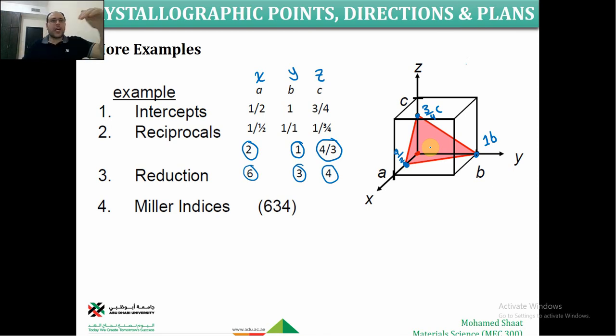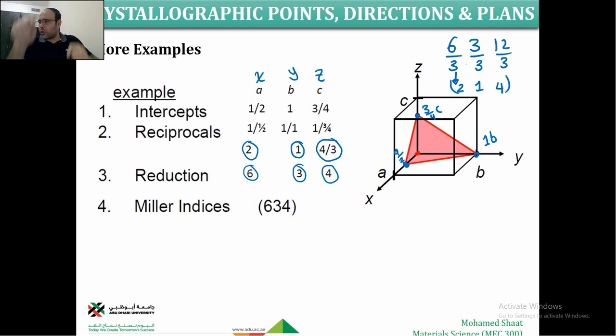But if, for example, we got the integers as 6, 3, and 12 for some reason, the smallest integer is 3, so you divide by 3. 6 gives us 2, 3 gives us 1, and 12 gives us 4. So these are the Miller indices. Why? Because you got 1. The 1 is there, this is the smallest integer, so there is no more reduction.